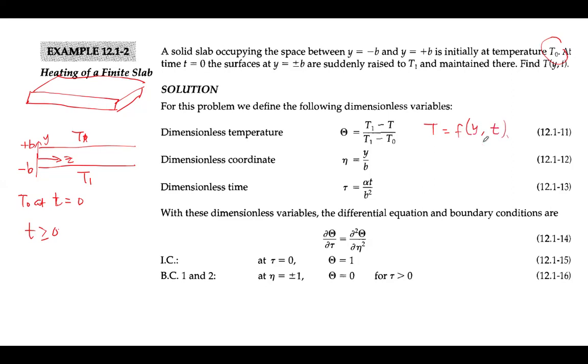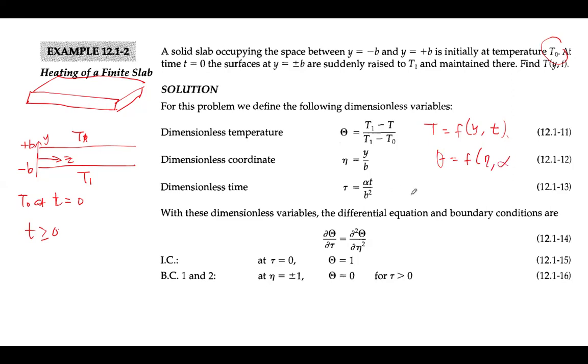So the dimensionless temperature theta is a function of the coordinate or the position in y, and for the dimensionless time, we get tau.